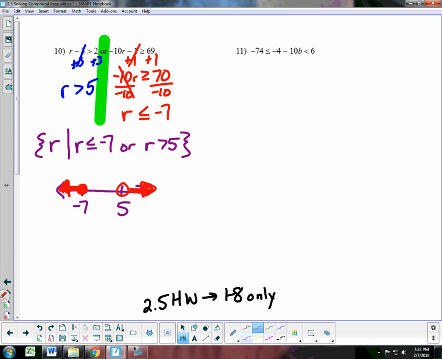So then this last one is going to be an AND situation. We're trying to get the b by itself. So first step is going to be add 4 in all 3 spots. Cancel in the middle. Then we'll have negative 70 less than or equal to, that's a negative 10b in the middle, negative 10b less than 10.